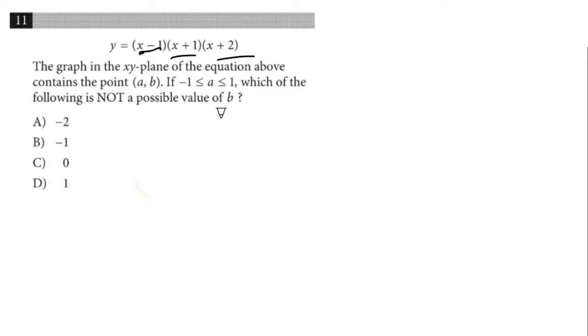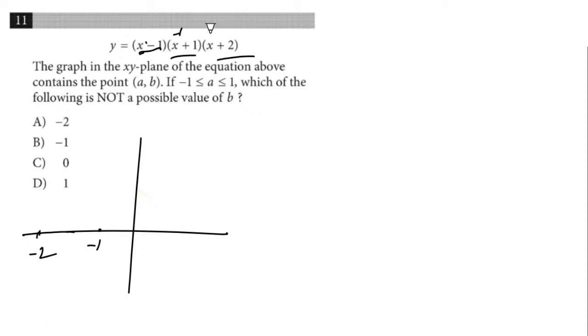If a function is written in this way, it means that we can directly see its roots or x-intercepts, right? What is the function here? It has x-intercepts at -1, at -2. So this is -1, this is -2, and 1.